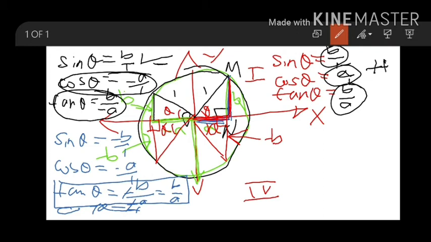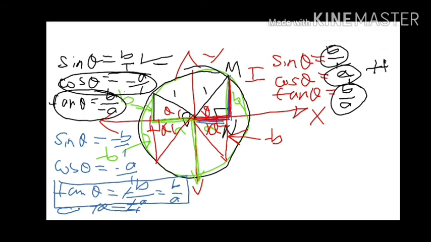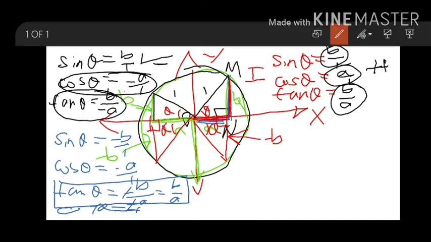So similarly, let's find it in the fourth quadrant. Sin theta will be opposite, or perpendicular, minus B by A. This is negative. Cos theta will be base, A by 1.